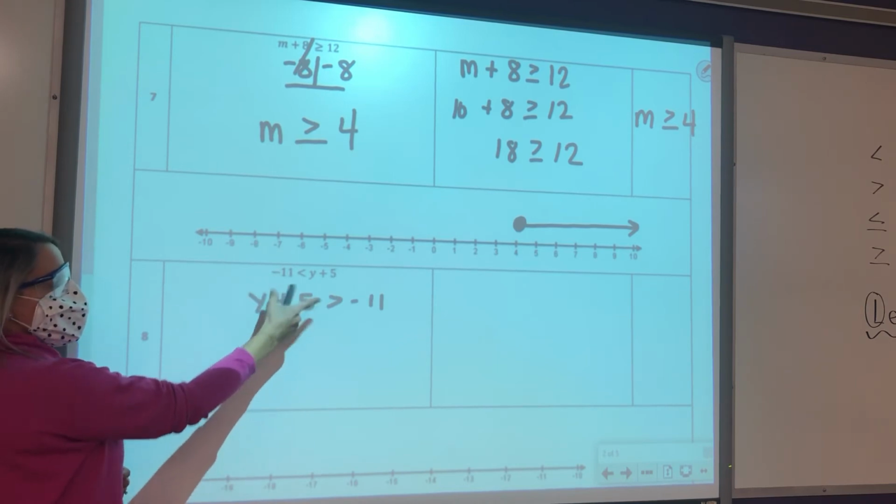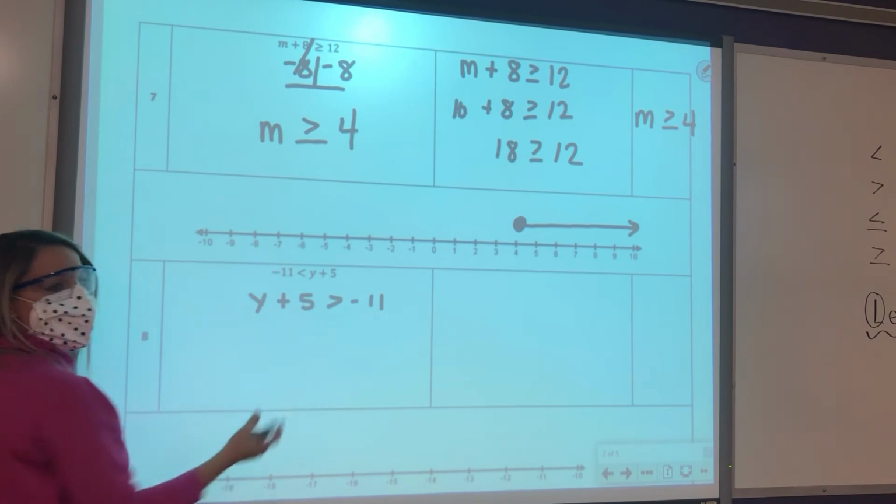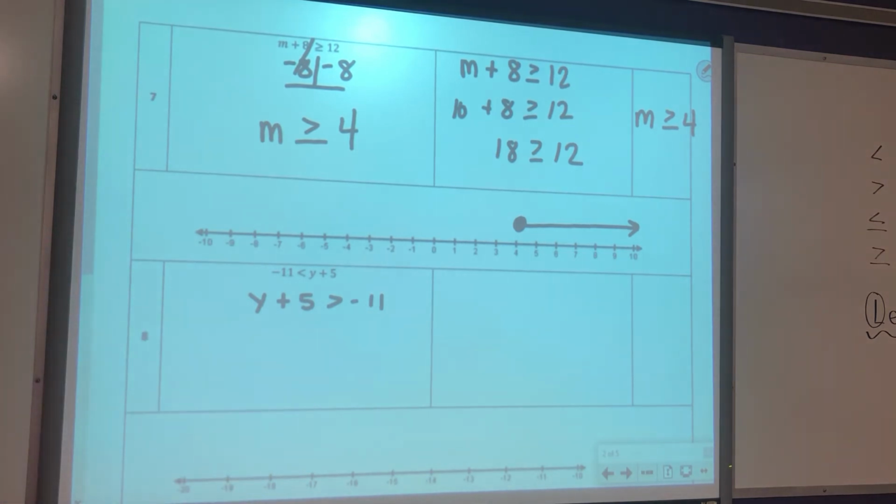When I rewrite it, y plus 5 is greater than negative 11. The integrity of the problem has to stay the same. We cannot change the problem at all. Yes, Zach? How come you can't flip it because you're still getting that y plus 5 is still greater than negative 11?